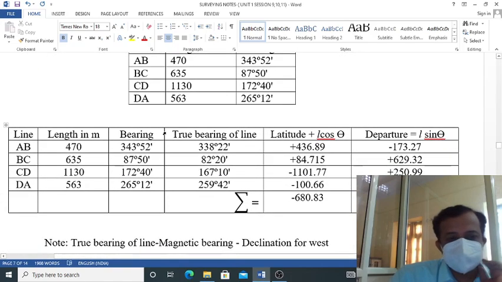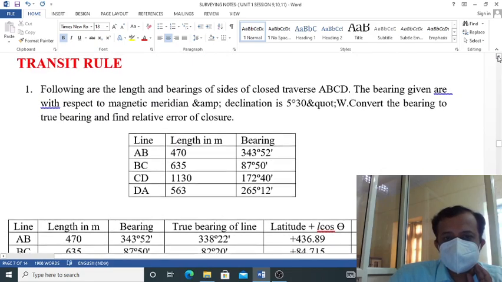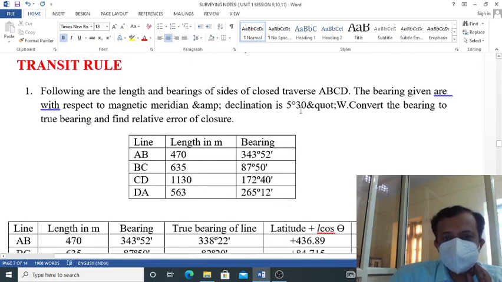First, list the length and bearing of the lines: AB, BC, CD, DA, and their bearings. Now we have to find the true bearing of each line.